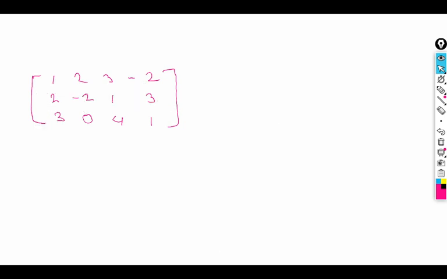Suppose this is the matrix A we are given, and our aim is to get the PAQ form for this matrix. First you should see the order. There are 3 rows and 4 columns, so let the matrix A be of order 3 by 4. You can start with I3, A, I4.